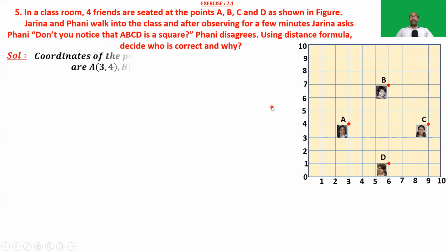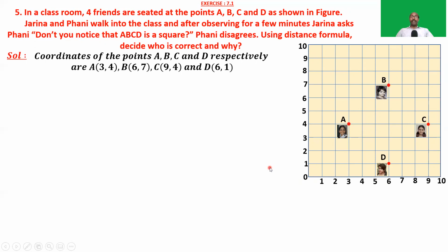So here the coordinates of A, B, C, D are: A is (3, 4), B is (6, 7), C is (9, 4) and D is (6, 1).